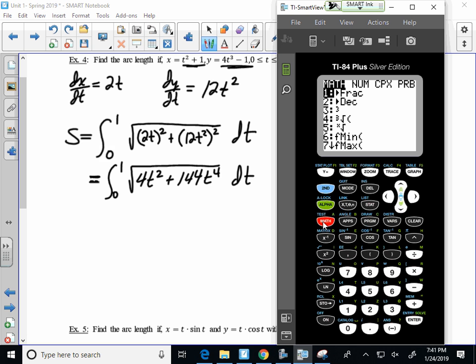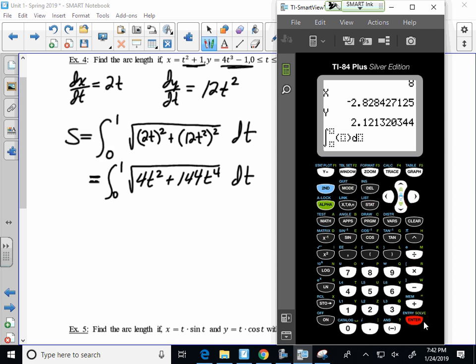But if you go to the math menu, you've got to scroll down a little bit, but eventually you get to the calculus stuff. What you're looking for is function integral, which is math option 9, Fn integral. It's the one that gives you integral stuff when you click it.